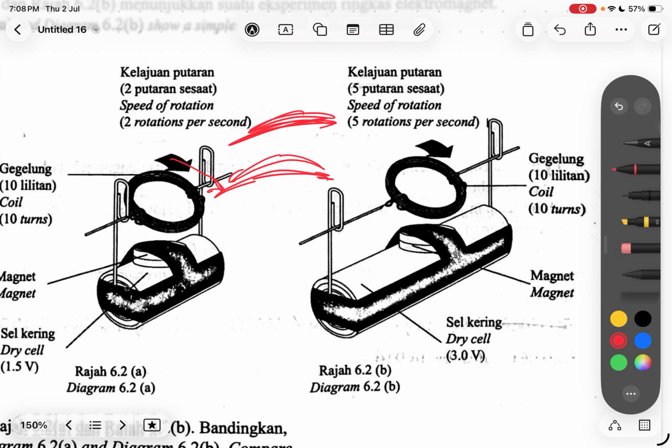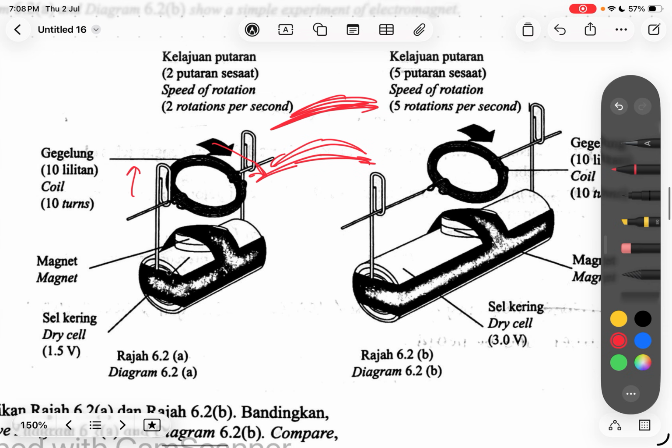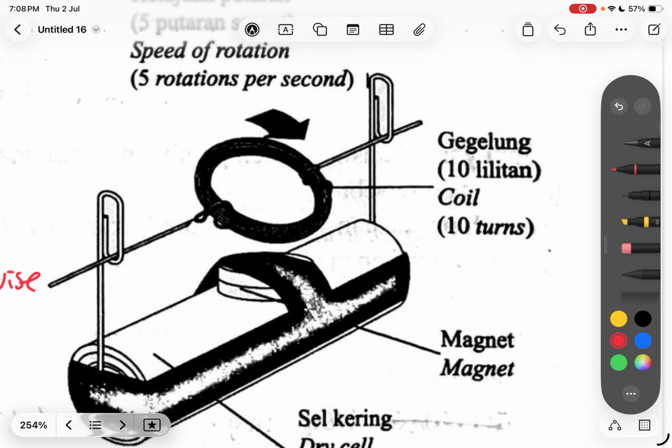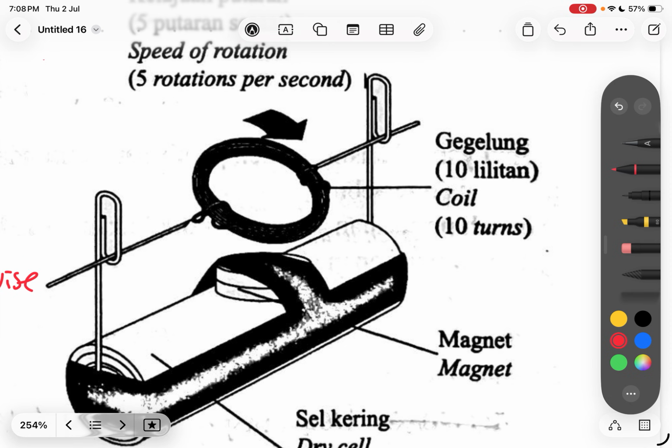Let me give you an example. In the first half turn, let's say this is the direct current, so the left side force would be like this and the right side force would be like this. That causes the coil to move, and it would have a direction, clockwise. But let's say in 6.2b you change it to alternating current, and you get the next turn.